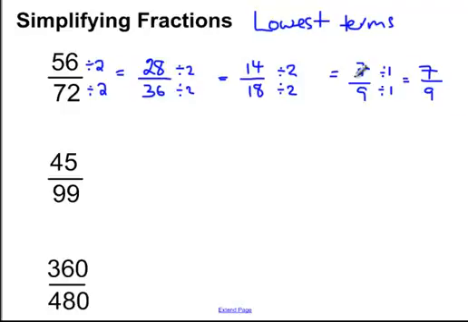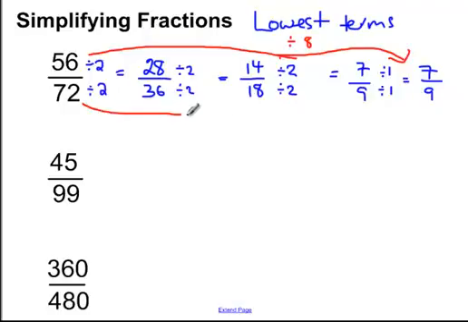Now that was quite a few steps. We could have done it a lot quicker if we had looked for the greatest common factor of 56 and 72, and this is where it comes in handy to know your times tables, because if you look at those right away, you can see that they're both in the 8 times table. So if I immediately divided the top, 56, by 8, I would get 7.